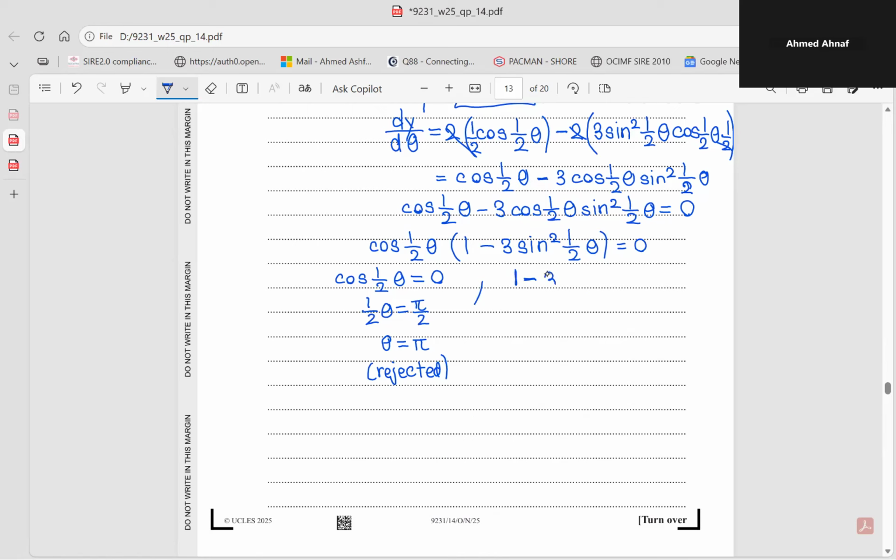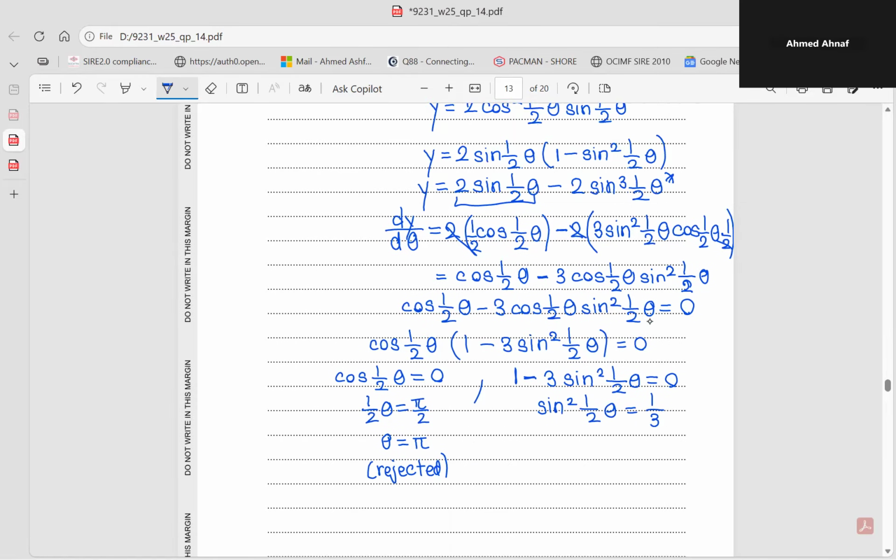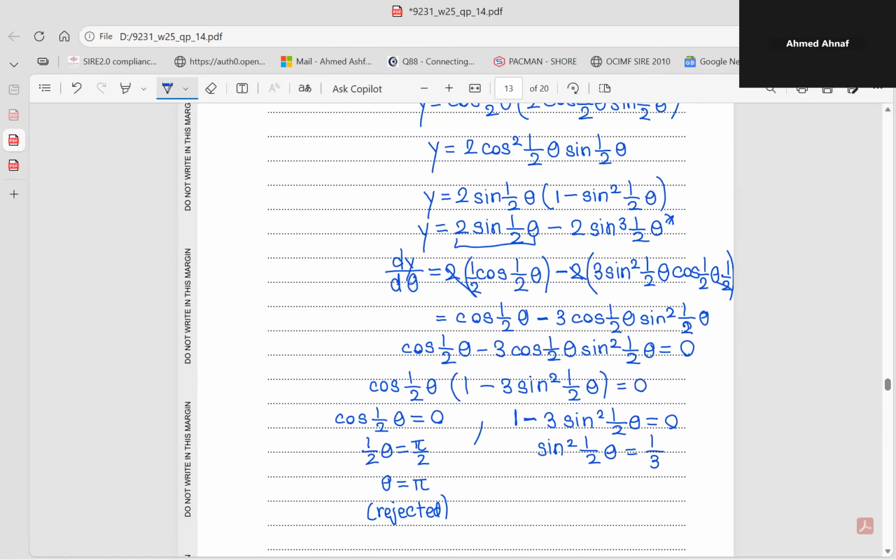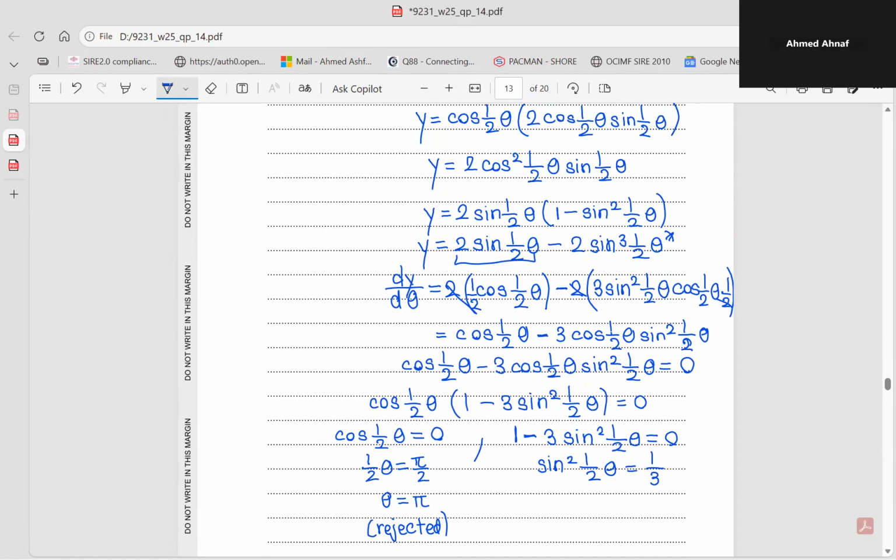So 1 minus 3 sine square half theta equals 0. I'm just going to straight away solve for sine square half theta, which is just 1 over 3. Now our main purpose is to find the corresponding y value for this value of theta.